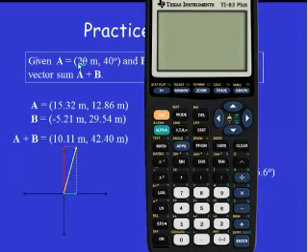The x component is 20 meters times the cosine of 40. Let's try that. 20 times cosine 40 gives 15.32 meters. And then to get the y component, we have 20 times the sine of 40.